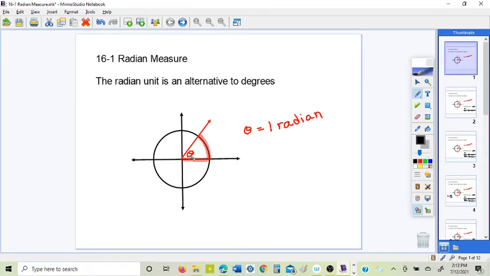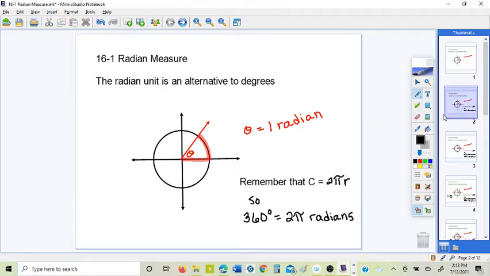So we have this theta here equals 1 radian. If we measured this, we measured that, and they were the exact same length. Most of the time you won't revert all the way back to that, but I just need you to understand where these ideas come from.